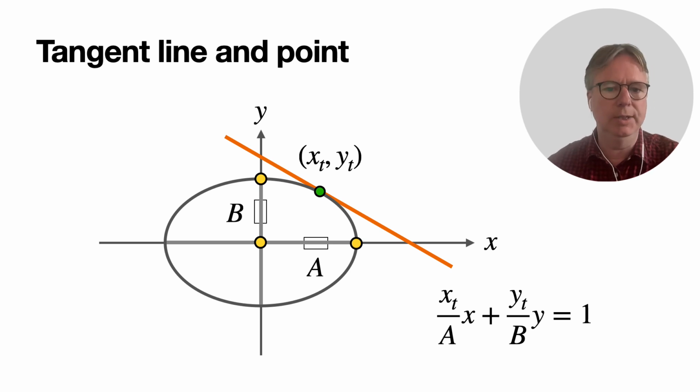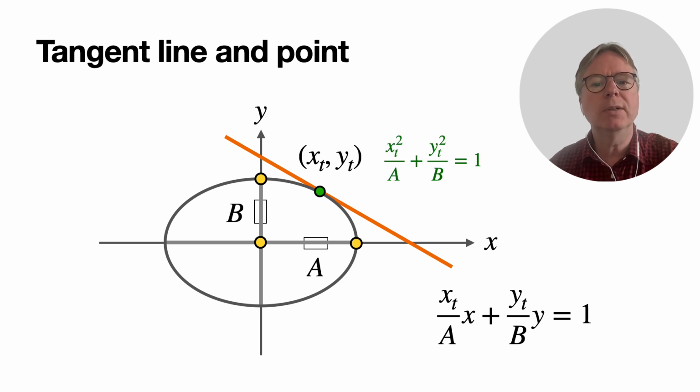It's a simple linear equation. Remember that the point xt, yt is also on the ellipse, so it's also described by the equation of the ellipse. We have to keep that in mind because we're going to use that fact later.